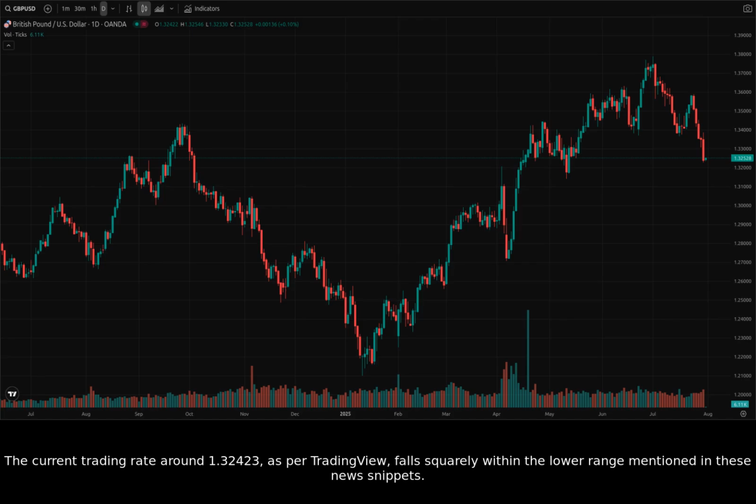The current trading rate around 1.32423, as per TradingView, falls squarely within the lower range mentioned in these news snippets. Therefore, the market is closely watching how these fundamental factors will continue to influence GBPUSD's price action. The combination of a hawkish Fed outlook and struggling UK market sectors is creating a challenging environment for the pound.